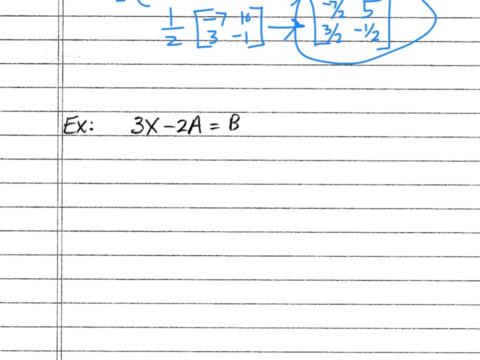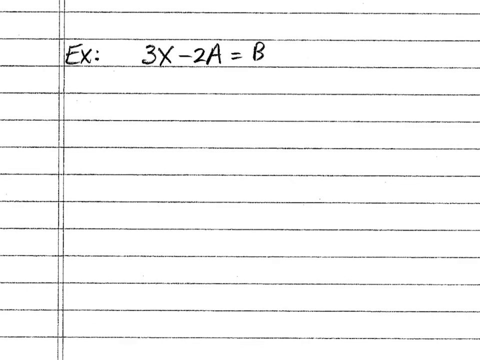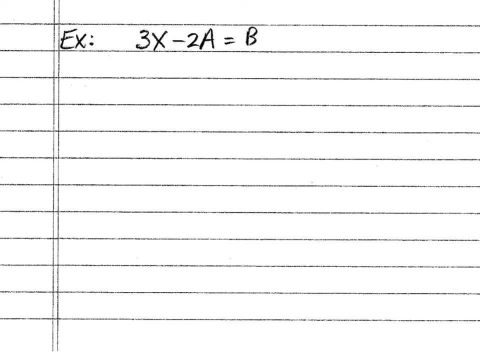Okay. Let's take a look at this last example here. 3x minus 2A equals B. First thing I have to do here is get x by itself. So I have 3x. I'm going to add 2A to the other side, B plus 2A.